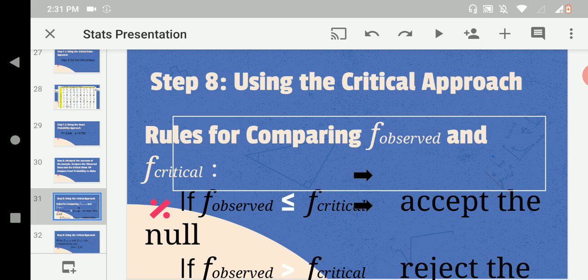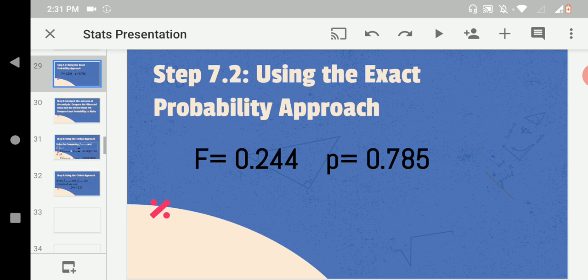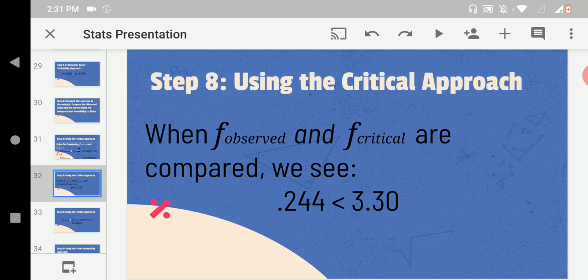So F observed is this one, 0.244. When F observed and F critical are compared, we see 0.244 is less than 3.30. So 3.30 is greater than 0.244.